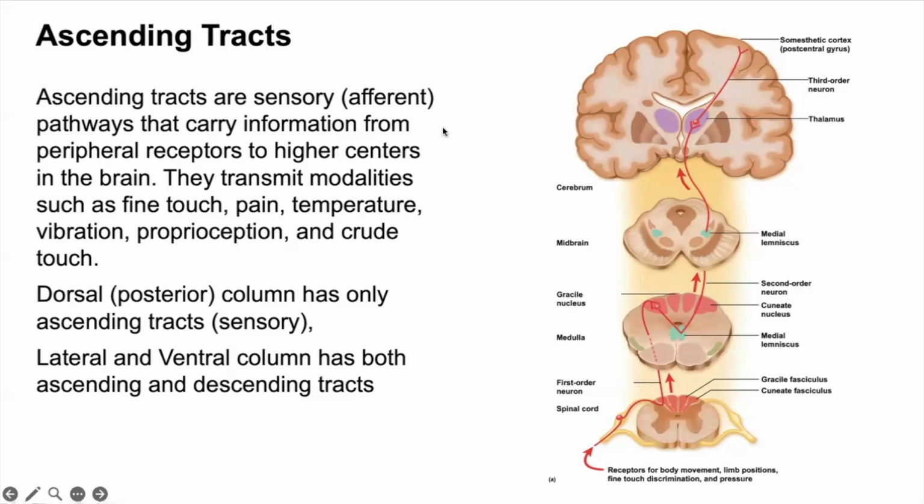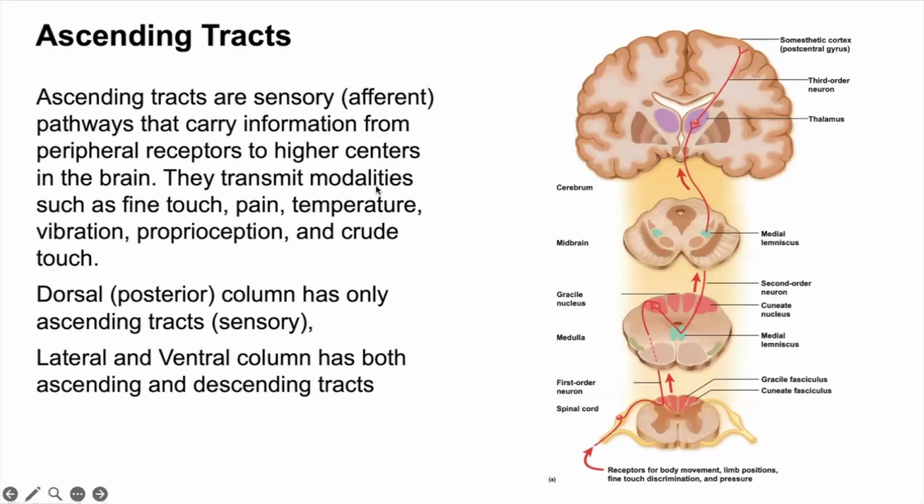Let's understand the ascending tract first. Ascending means it goes upwards, right? So these are sensory or afferent pathways that carry information from peripheral receptors, maybe from your skin, to higher centers, which can be brain or spinal cord.